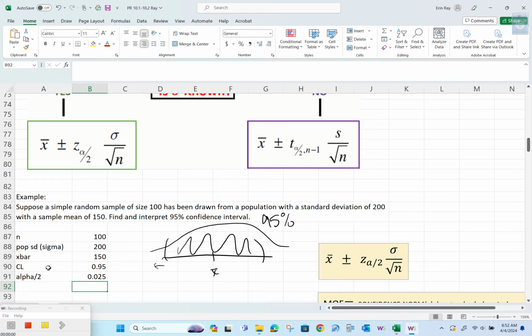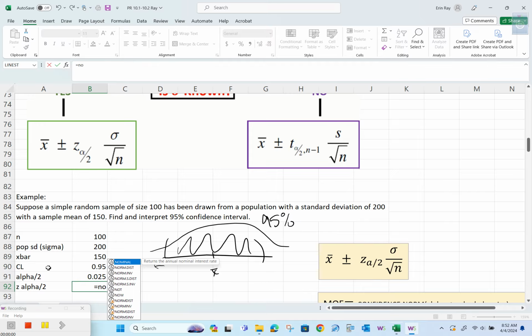So if that is my percent or my proportion over here, I can find the correct z-score, the z alpha over 2, by just using one of my Excel functions. As a reminder, all of the z functions go with .s, and when we're trying to find the score, not the probability, it's the inverse.